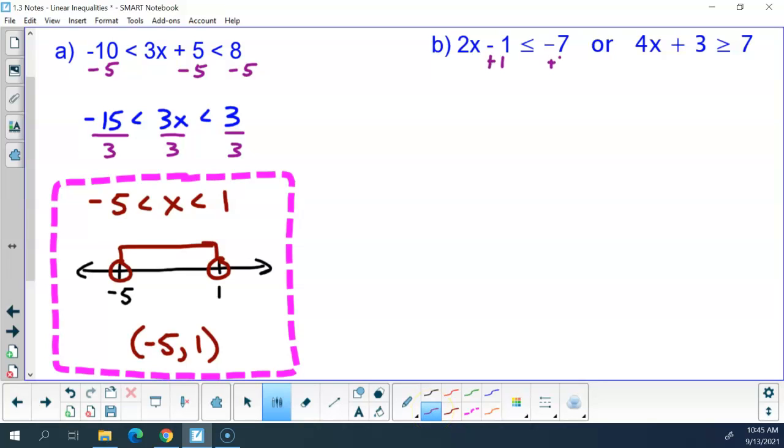Here I'm going to add 1. Divide by 2. Here I'm going to subtract 3.